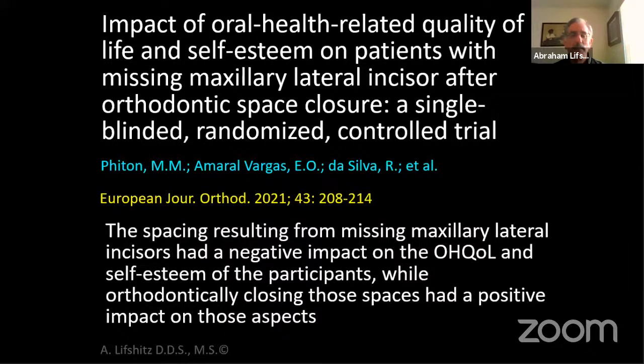They did a single-blind randomized controlled trial. They concluded that the spacing resulting from missing lateral incisors had a negative impact on the oral health quality of life and self-esteem of the patients, while orthodontically closing those spaces had a positive impact on those aspects.